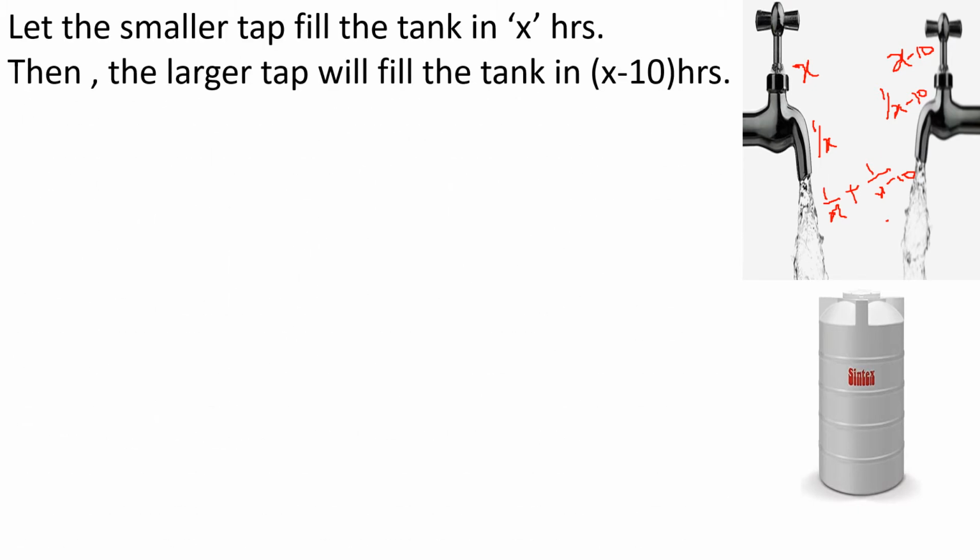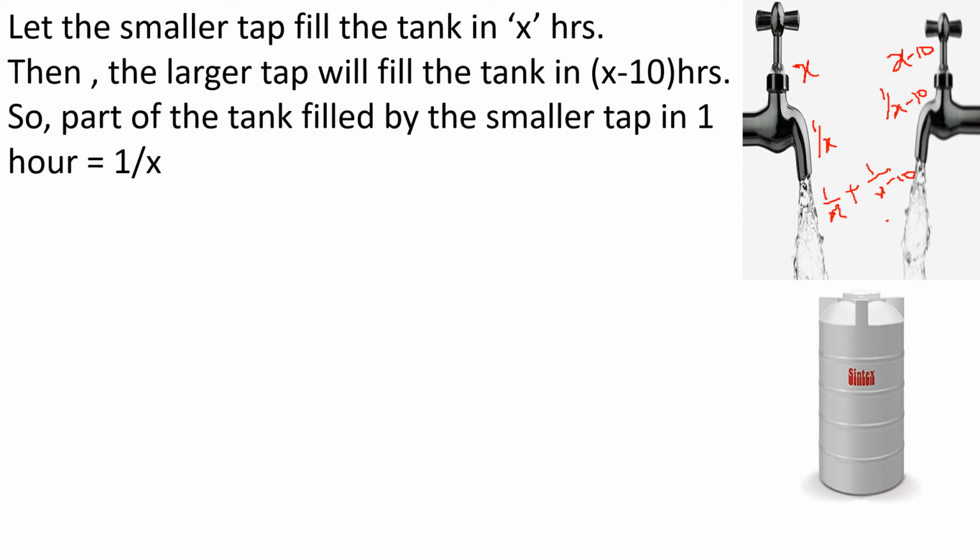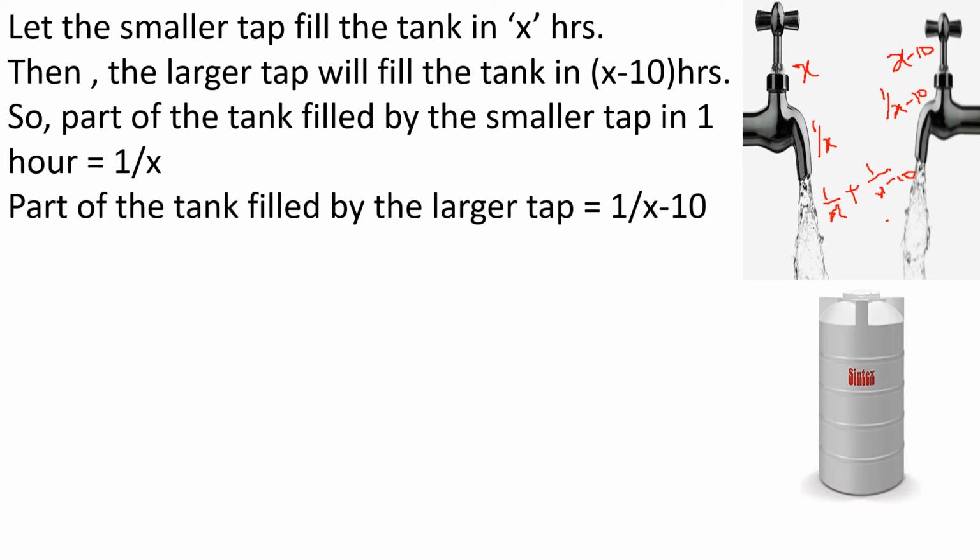So now we can write the steps. Let the smaller tap fill the tank in x hours, as we assumed, and the larger tap will fill the tank in x minus 10 hours. The part of the tank filled by the smaller tap in 1 hour is 1 upon x, and by the larger tap it is 1 upon x minus 10.